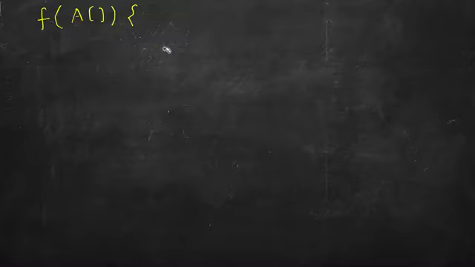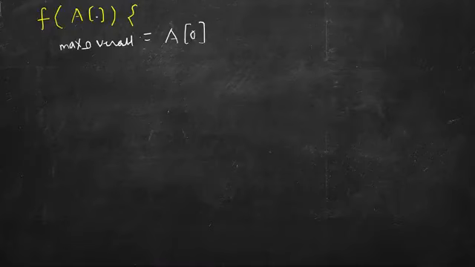So let's call it overall max, or max overall, equal to a0. Let's say we are assuming that it will always have at least one element, since the problem mentions that we have to take at least one element.